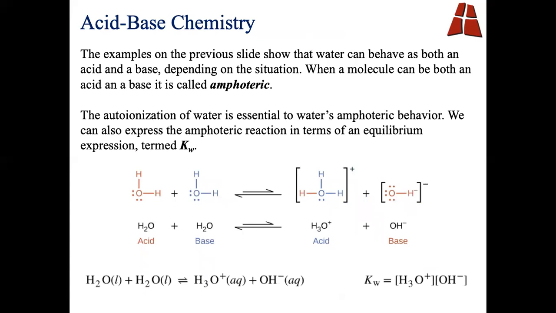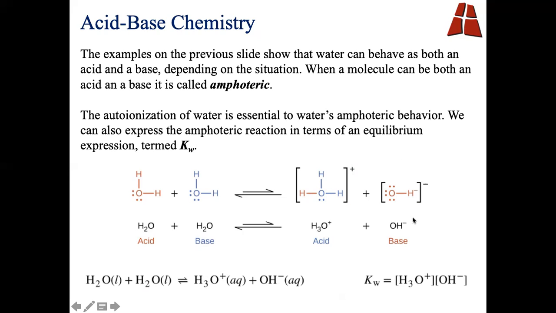One of the key reactions then with water is called its autoionization. This is essential to water's amphoteric behavior. If we think of this in terms of an equilibrium expression, if we have pure water, it will actually react with itself, where one molecule of water will act as an acid, one molecule of water will act as a base, and then we end up forming hydronium, H3O plus, and then hydroxide, OH minus.